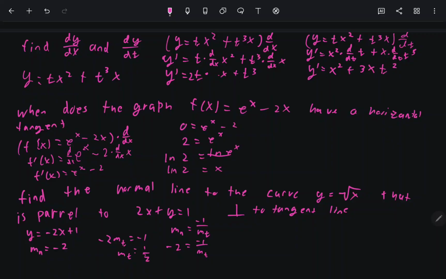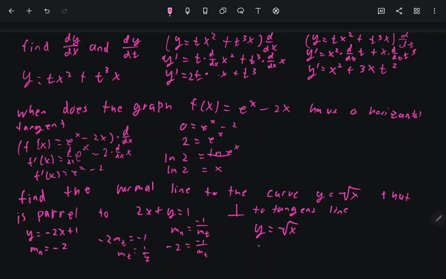Alright, what do we do with that? Well, now we need to find the point on the curve where the tangent line has a slope of 1/2. So we have y is equal to the square root of x.